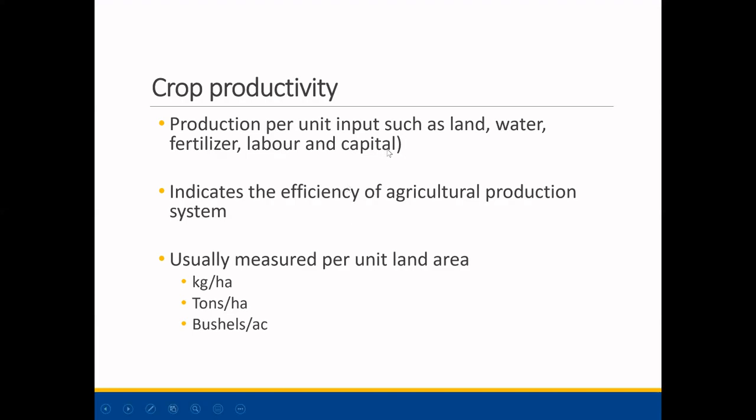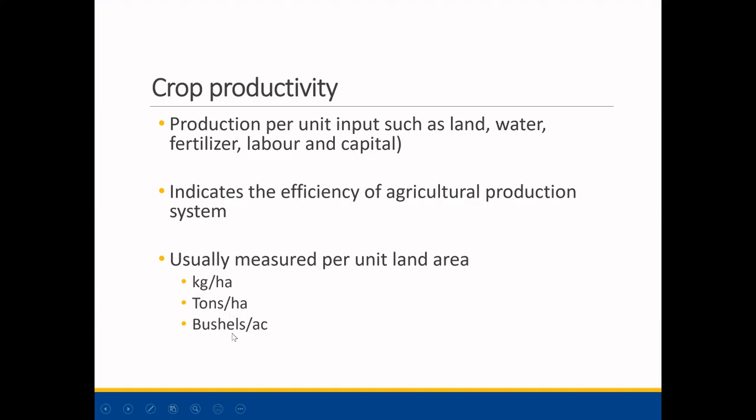Even though you can measure productivity in terms of any input, generally we measure it in terms of land area. These are the units we often use: kilograms per hectare, tons per hectare, or bushels per acre.